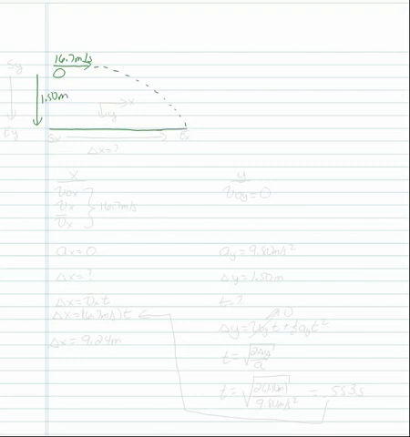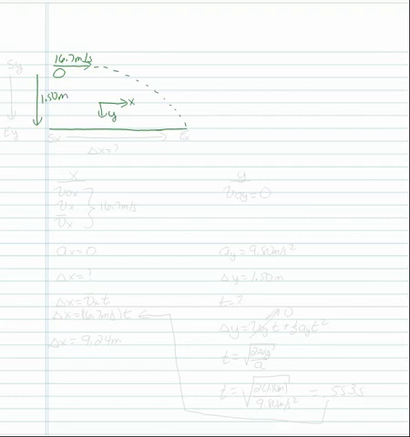So let's treat this as two separate problems, x and y, but use the same techniques we've already learned. So we need a set of axes. In this case, I'm going to choose x to the right and y down for positive. That makes the most sense.